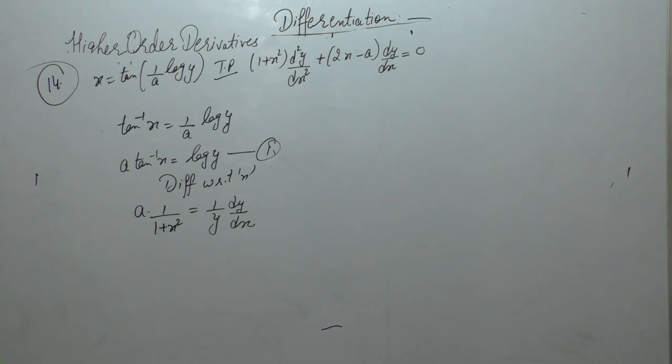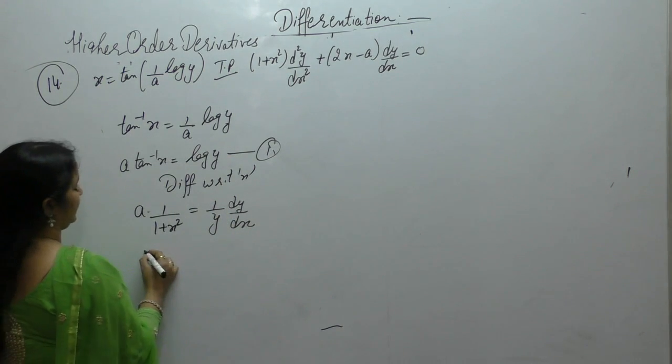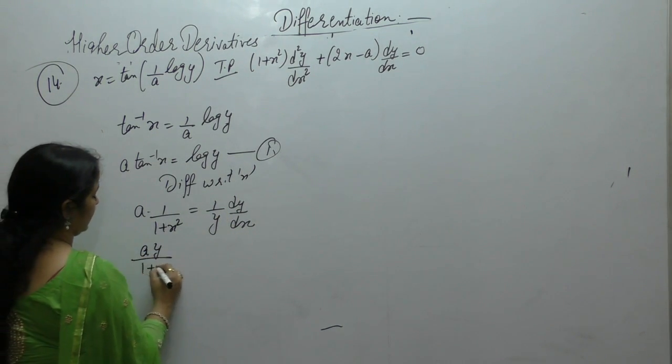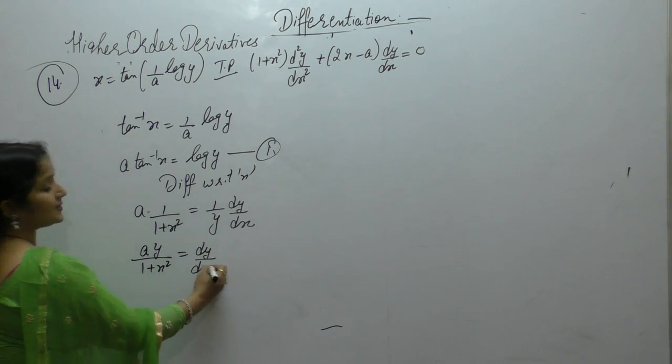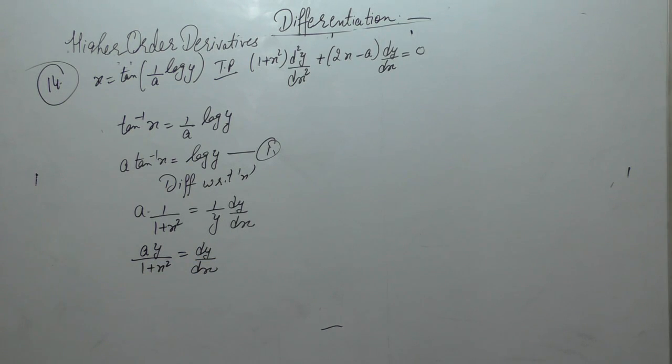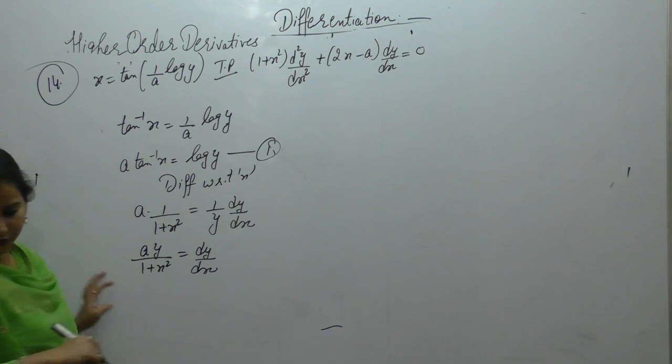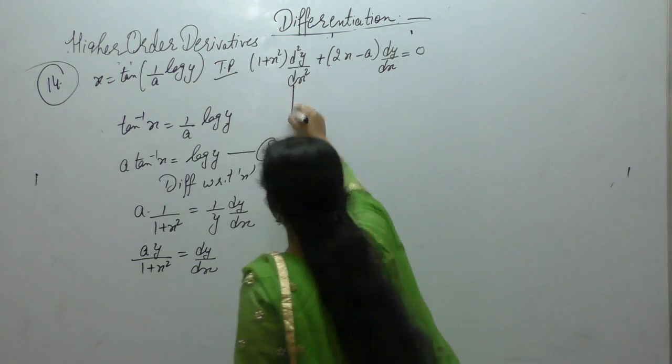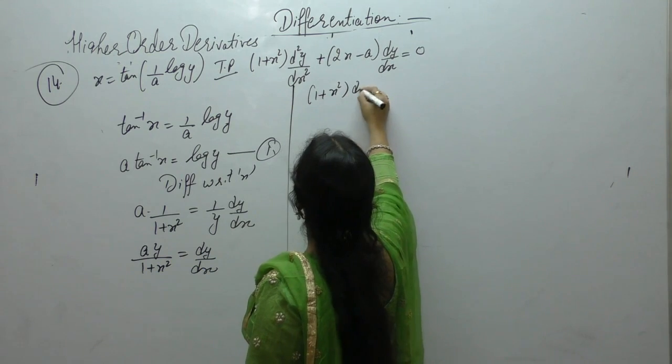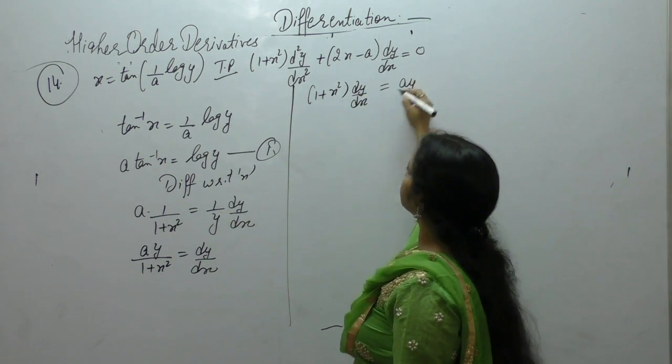So what we get, dy upon dx is equal to ay upon 1 plus x square, or we can write it as (1 plus x square) dy upon dx is equal to ay.